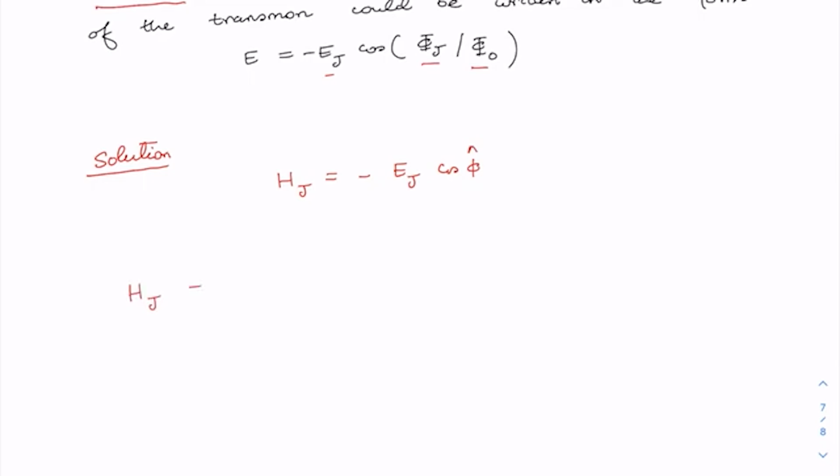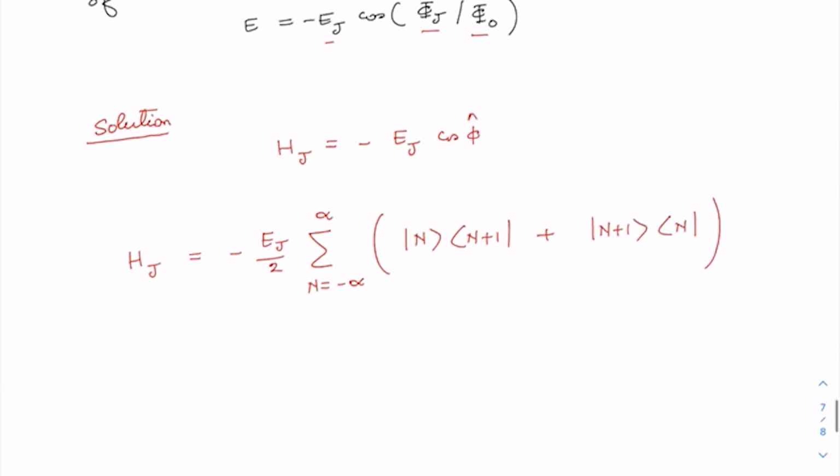So Hj is equal to minus Ej by 2 sum over n running from minus infinity to plus infinity, ket n plus 1 bra n, plus ket n bra n plus 1. So this is the Hamiltonian we started with.